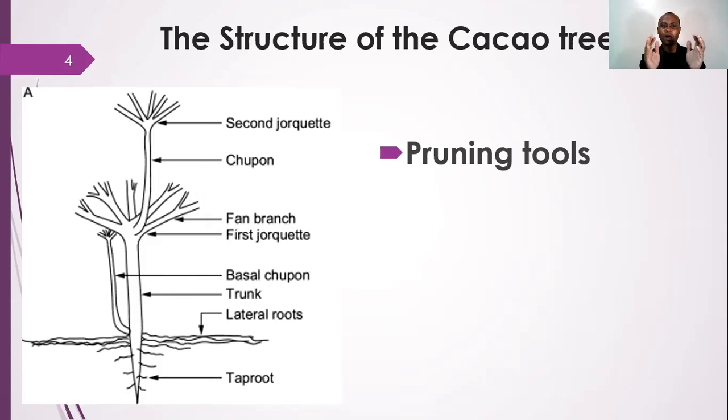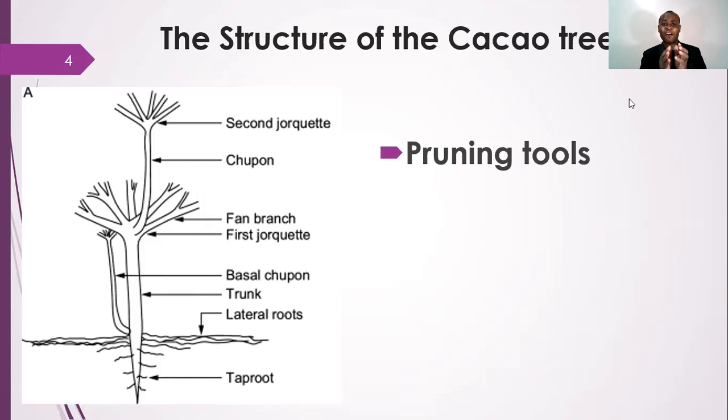So good training of the stems of the tree is very important. Usually here in the Philippines, I have seen on so many farms the cacao tree has 6 stems at the same time. This is not okay. It's a bad training.